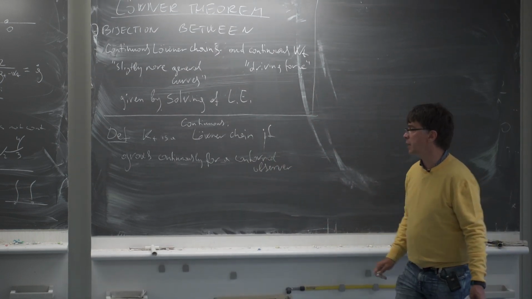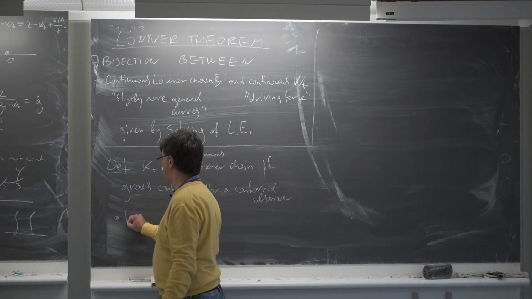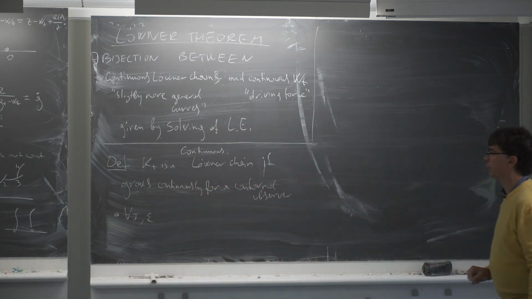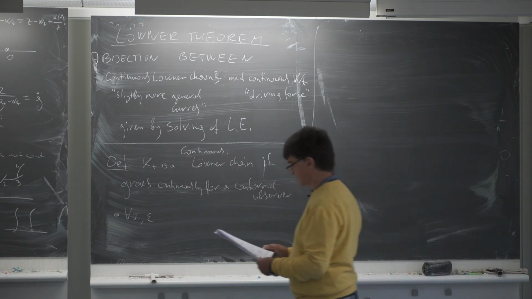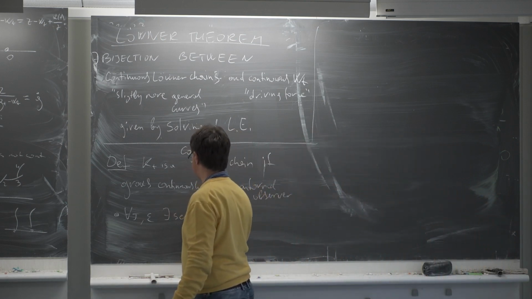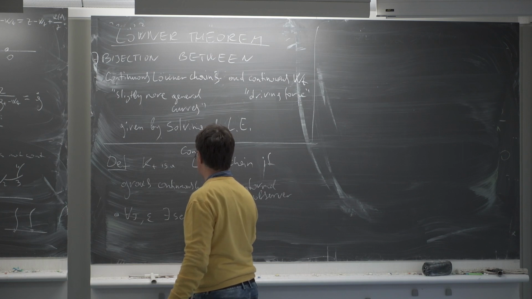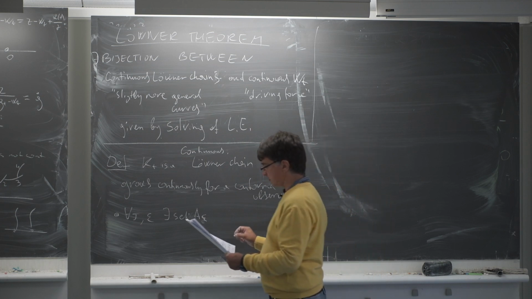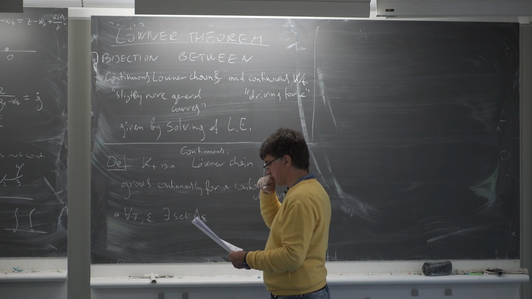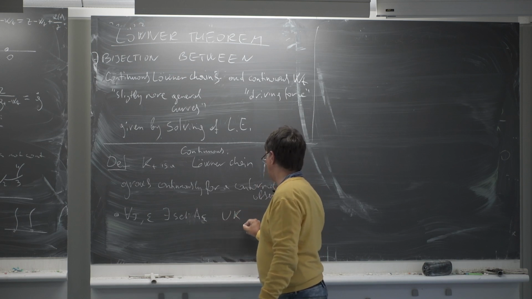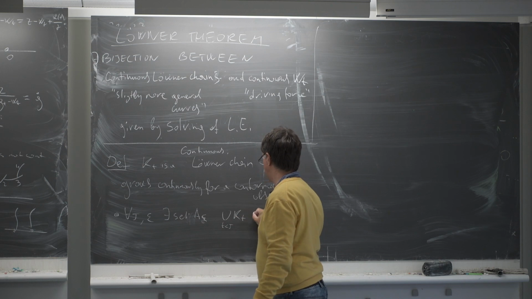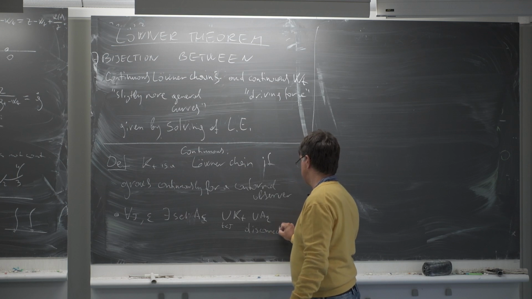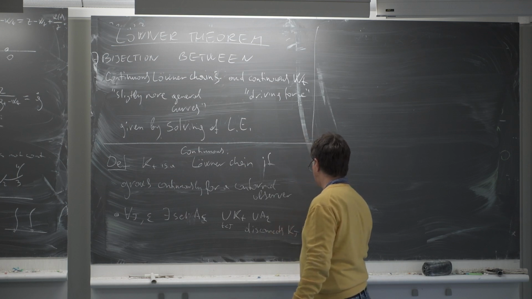What this means is that for every tau and every epsilon, there exists a set A_epsilon such that the union of K_t for t smaller than tau with A_epsilon disconnects K_{tau+epsilon} from infinity.